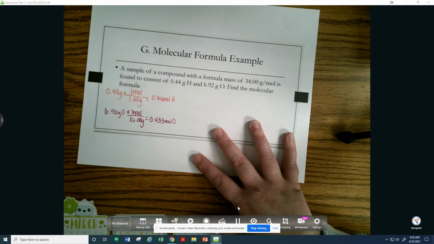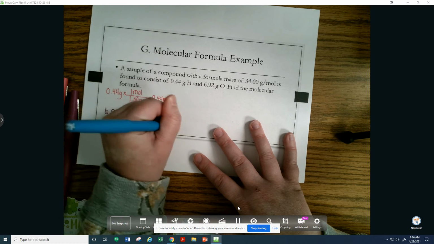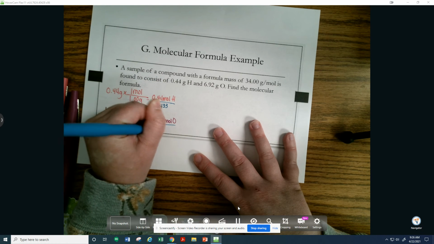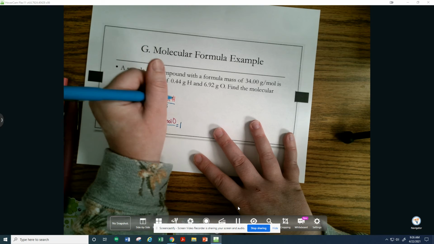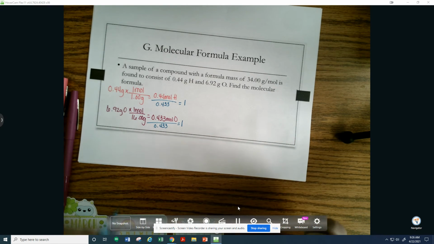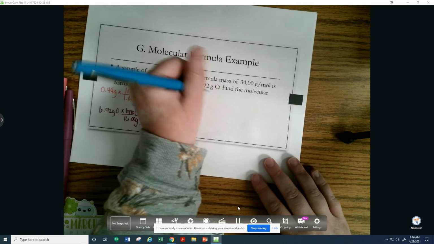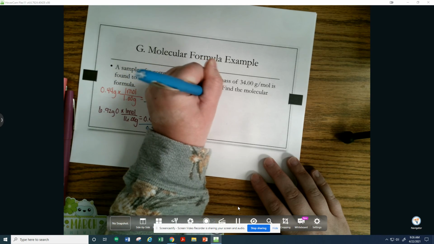Divide by the smallest, and we basically get a 1-to-1 ratio. So the empirical formula, the lowest relationship between these, is that for every 1 hydrogen, there's 1 oxygen. This is the empirical formula.